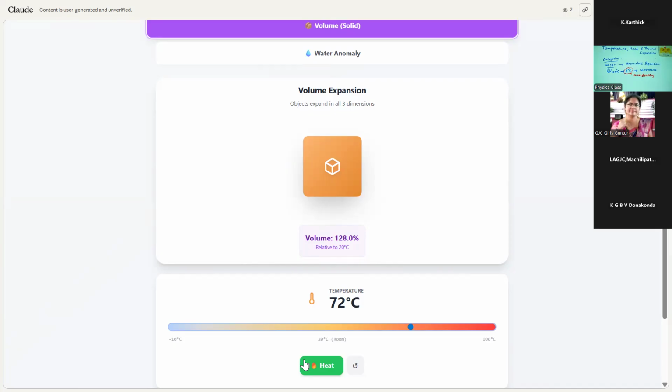The volume is increasing much faster than the length. At 70 degrees Celsius, for example, the volume is already around 128 percent of the original. That's because if you multiply a slightly longer length by a slightly wider width by a slightly taller height, the total volume increase is multiplied.